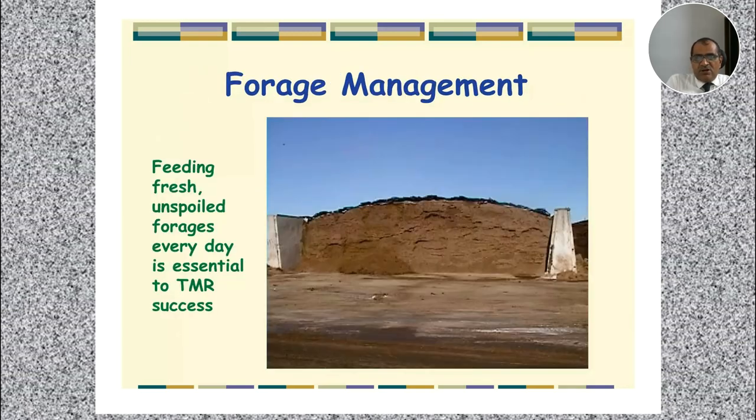So a lot of forages need to be stored unspoiled every day. If you are going to feed the total mixed ration every day, then we need to always concentrate on the preparation of the forages.